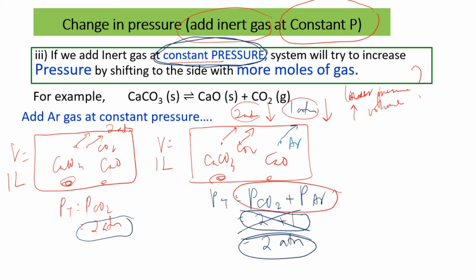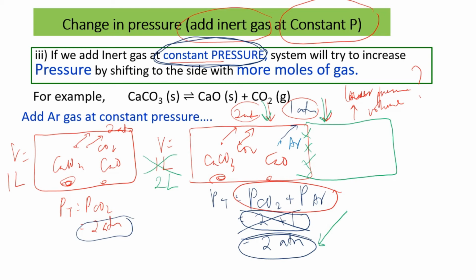So for this case, we need to increase the volume. The volume can no more be 1 liter, let's say 2 liters. When the volume is 2 liters, the pressure will drop from 2 to, let's say, 1 point something, and this one will drop to 0 point something. Because of this, you can fix the total pressure to be at constant pressure of 2 atm.